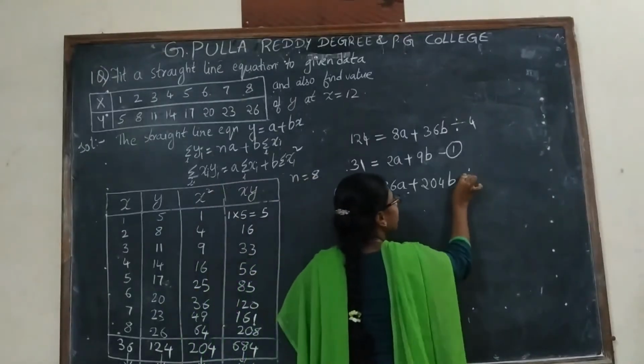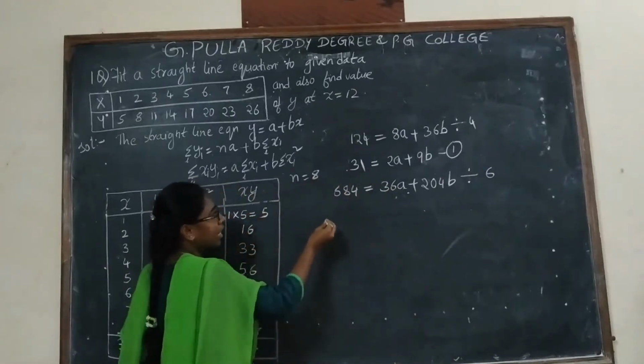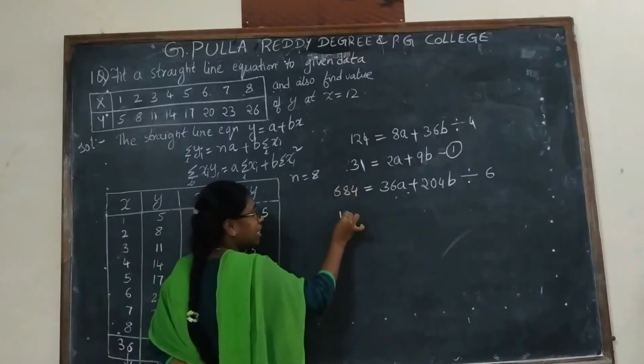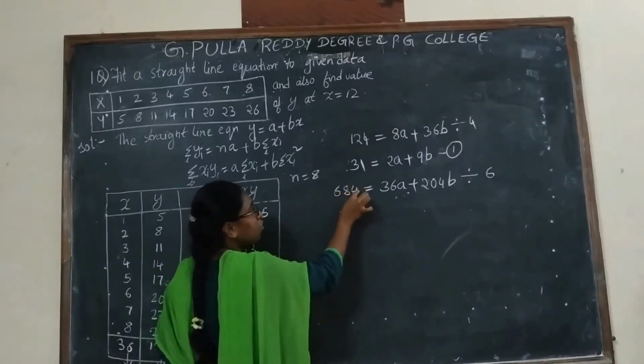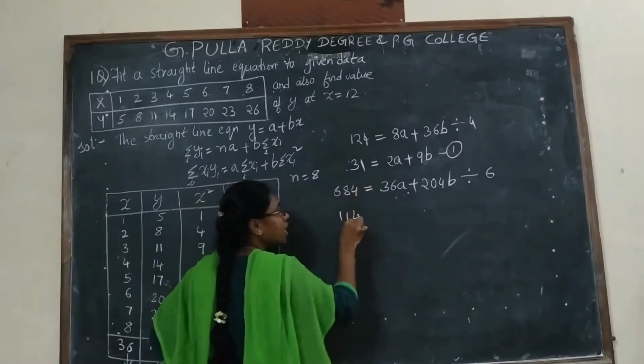For simple calculation, we are dividing this equation by 6. If you divide by 6, you will get 6 1s are 6. Next, again 6 1s are 6, 2 is carrying, so 24. 6 4s are 24.